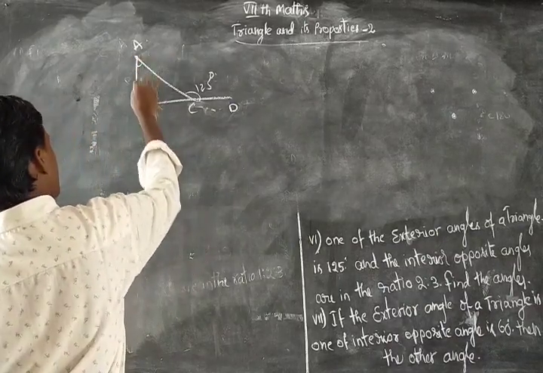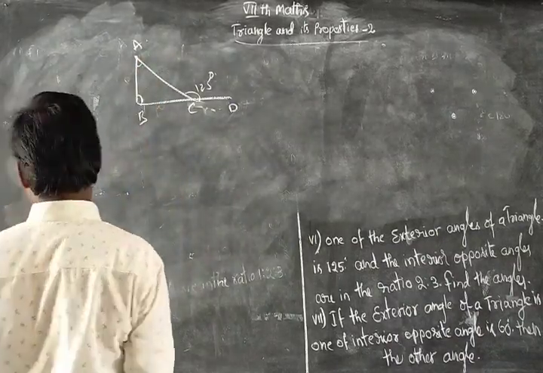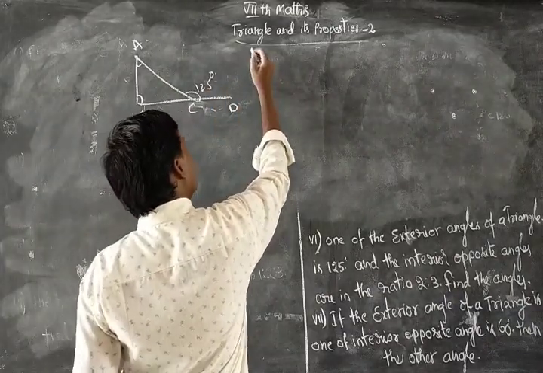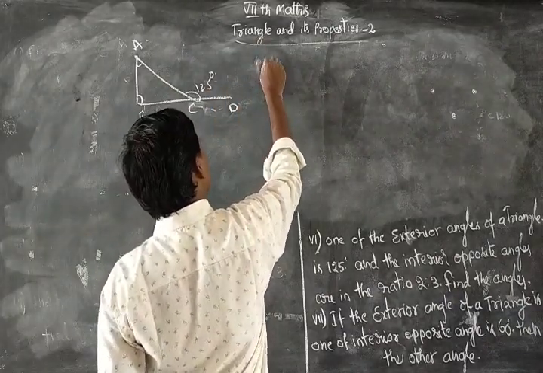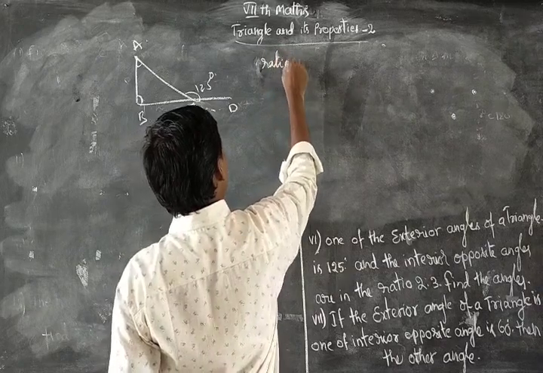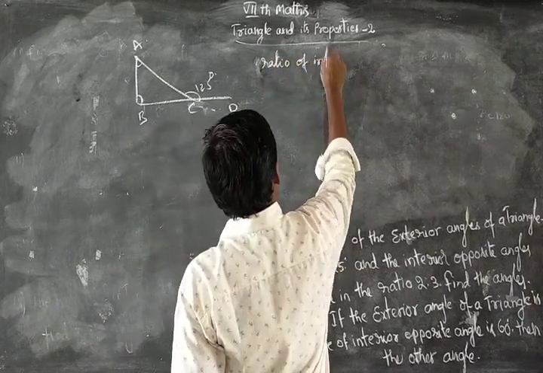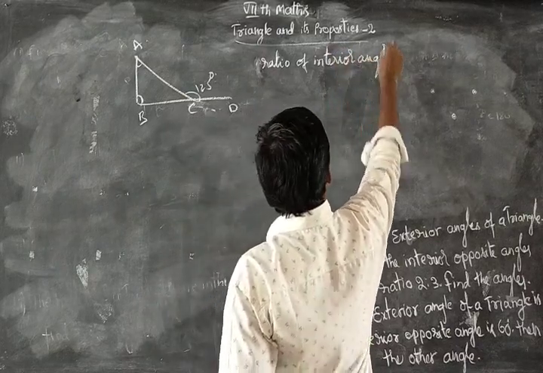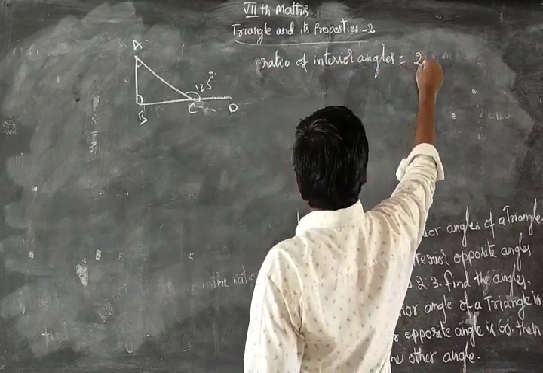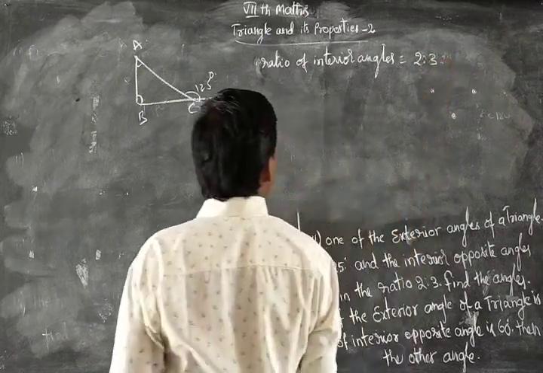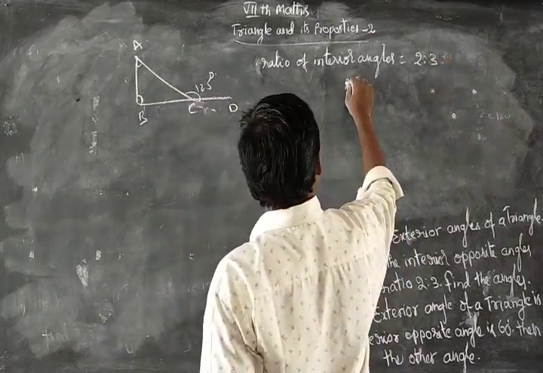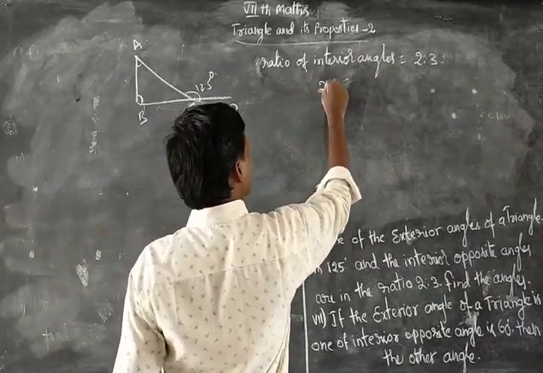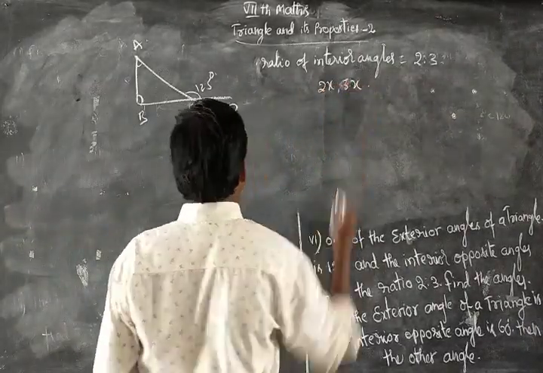We don't know the values of the two angles, so we are trying to find them from the ratio of the interior angles, 2:3. We can write them in the form 2x and 3x.